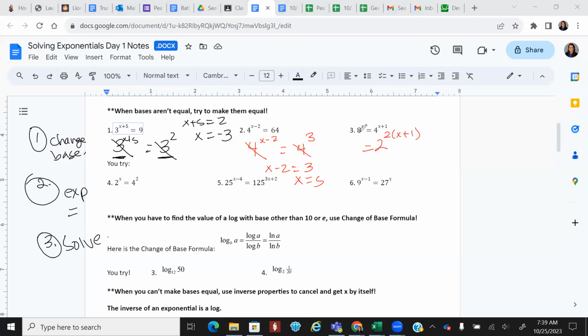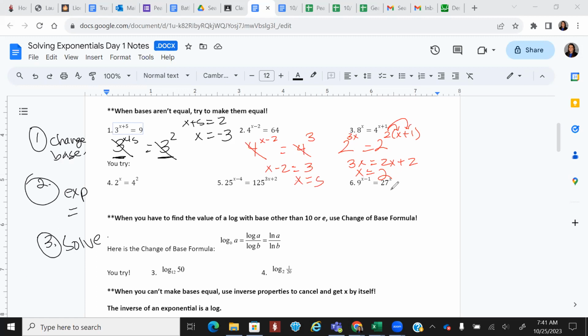Over here, 2 to what power would give us 8? 3. Okay. Take a second. Look if we can take the exponents and set them equal to each other. We're going to distribute that 2, and that's going to give us 2x plus 2. And then we're going to solve. So if we move that to the other side, x will equal 2.